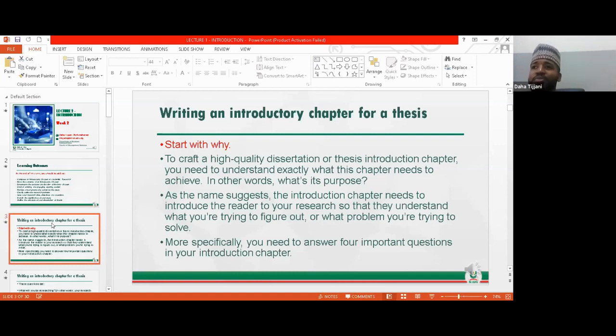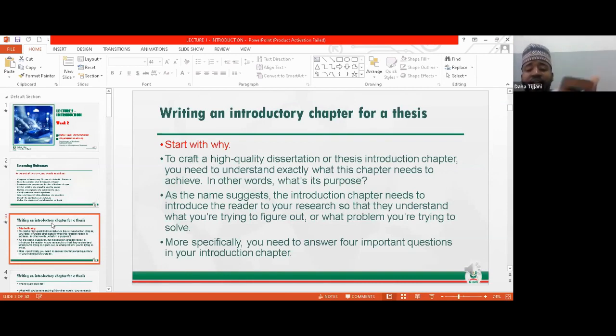You are trying to introduce the reader to why you are conducting this research. So to craft a high quality dissertation or thesis introduction chapter, you need to understand exactly what this chapter needs to achieve. In other words, what is the purpose of this chapter? Like I said, the introductory chapter needs to introduce the reader to your research so that they understand what you are trying to figure out or what is the problem you are trying to solve.